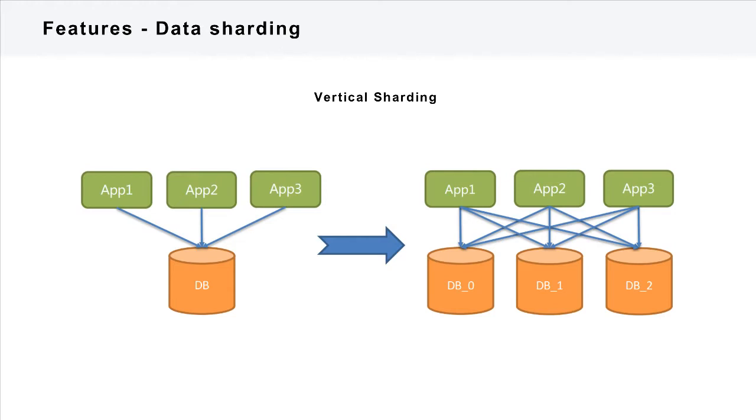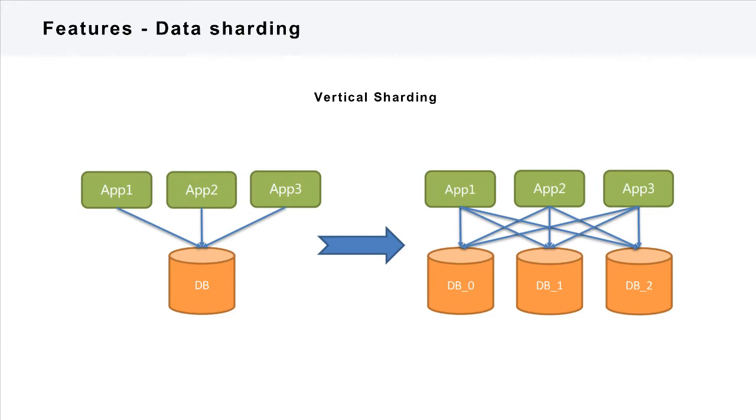Tables are categorized into different databases according to business, and the pressure is also separated into different databases. The following figure shows the splitting of DB into DB0, DB1, DB2 according to business needs.